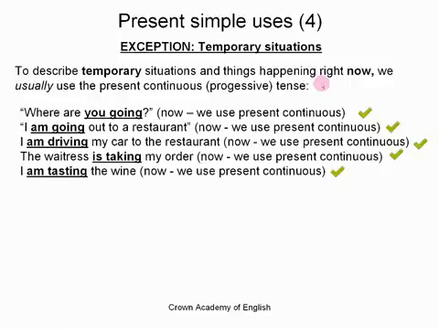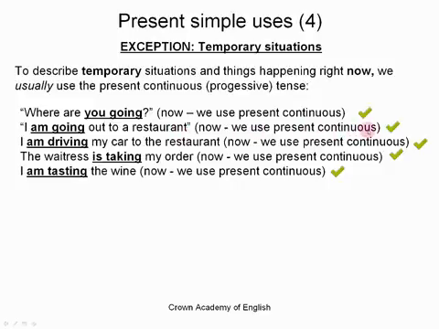If we wanted to ask someone right now where they are going, we would say, where are you going? So we want to know, where are they going now? So that is why we use the present continuous. And they would answer, well, now I'm going out to a restaurant.